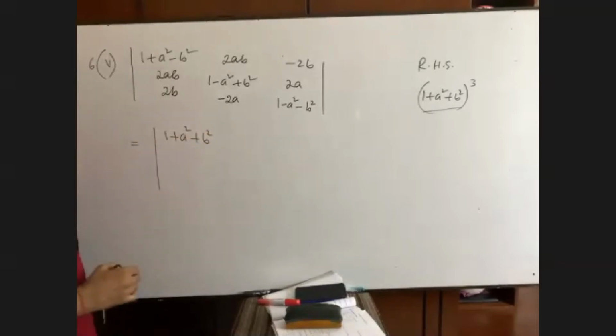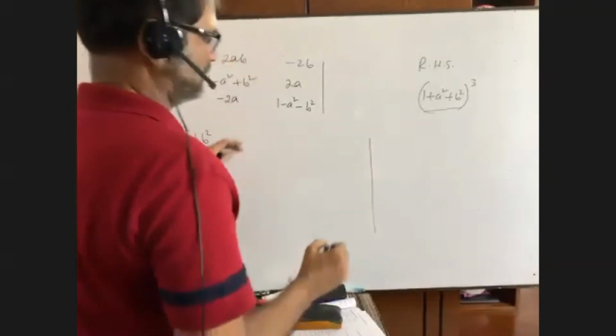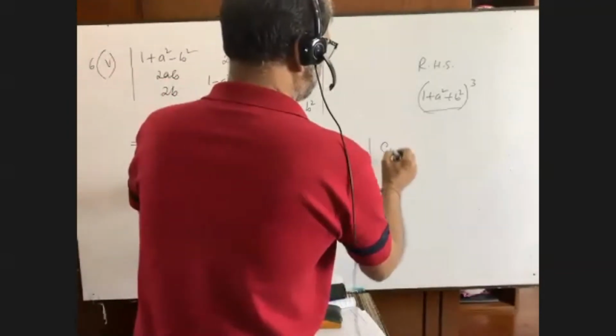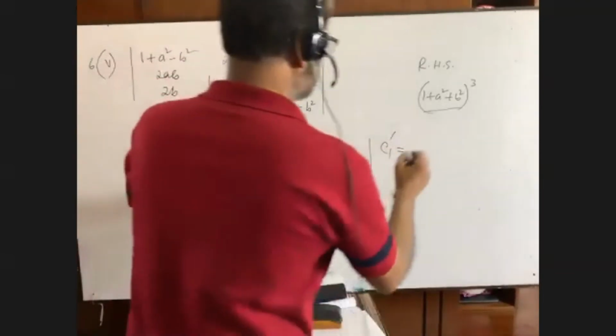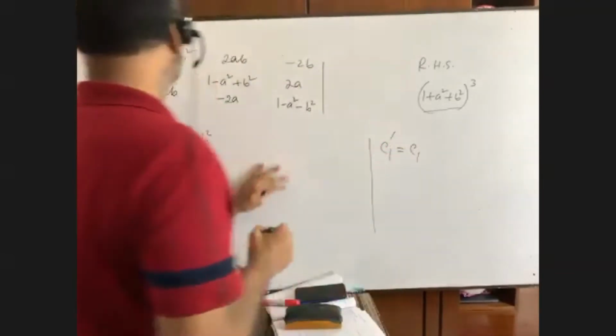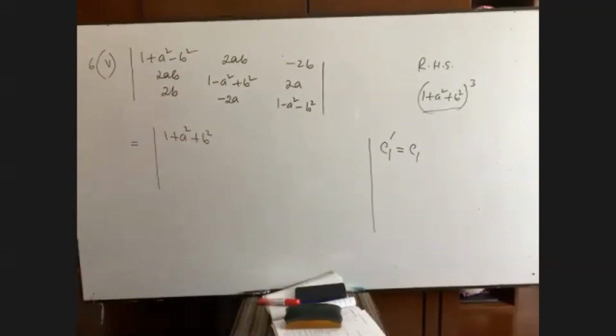Actually, what I am going to do? Write down the side note here. Column 1 is equal to column 1. How can we get this? If I add plus 2b square with this, right?